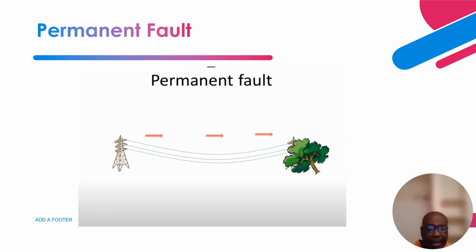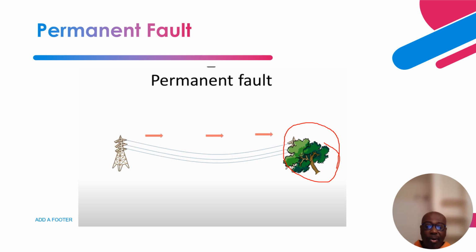So now let's talk about permanent fault, right? Permanent fault is when the tree itself falls on the conductor and stays there. And this usually occurs during hurricanes, heavy winds, tornadoes, and other natural disasters, right?